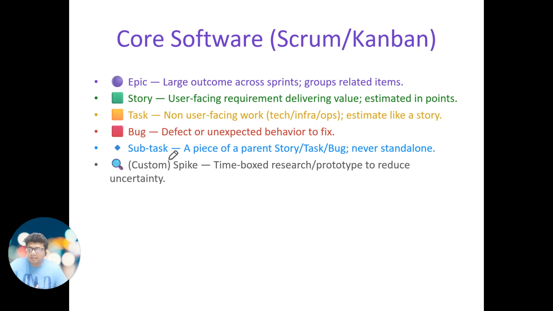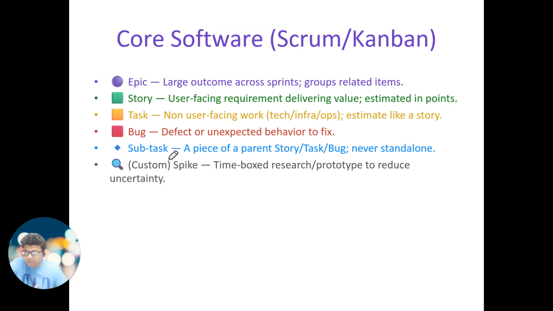And the last one is a spike. What is a spike? A spike is basically any requirement which is not clear, that you can't estimate. There are too many unknowns or uncertainties. So what we usually do as a developer, we pick the issue type spike and create the requirement, and spikes are always time-boxed. It is 2 days, 5 days, 3 days, right?